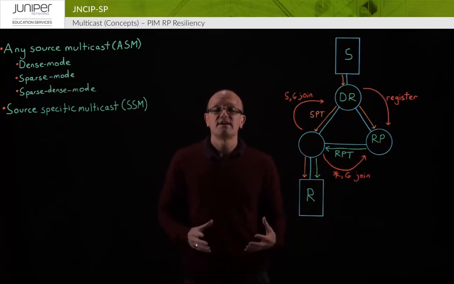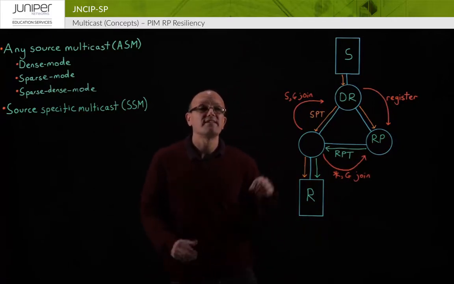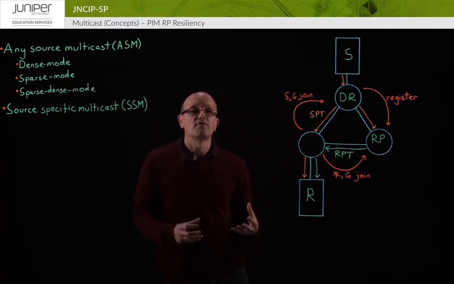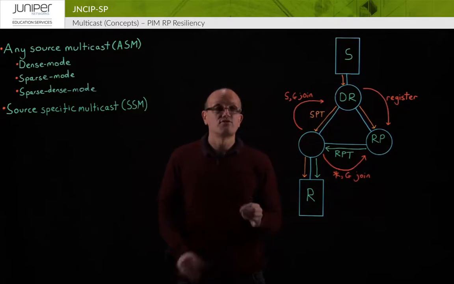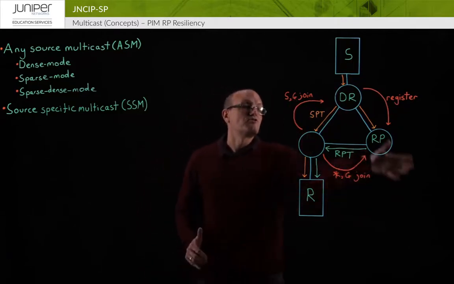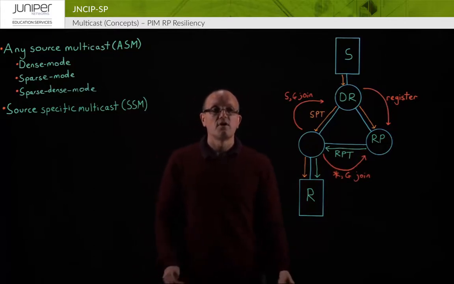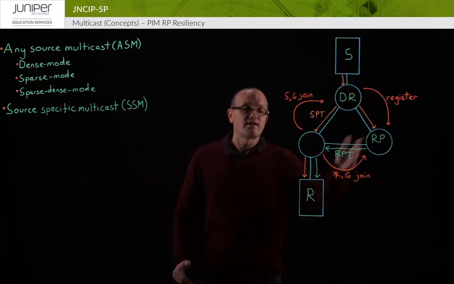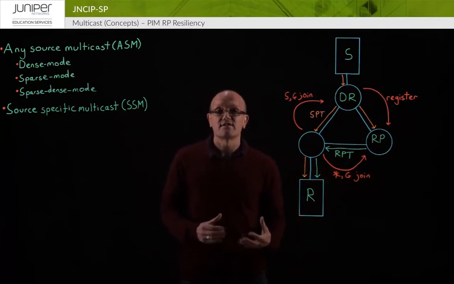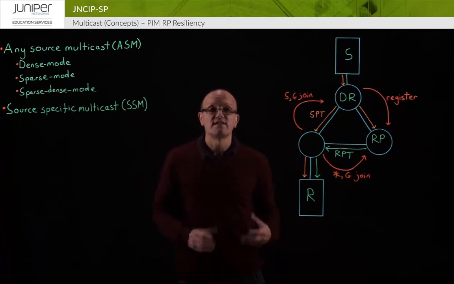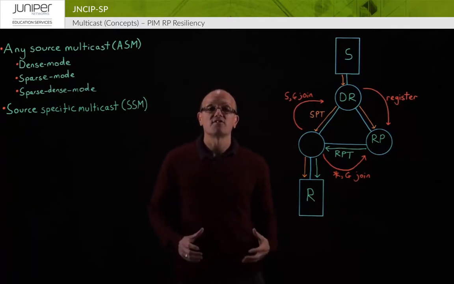And what MSDP is doing is propagating all of the S, G state, the binding of that source IP address to a group address, between all of the rendezvous points. So this way, it doesn't matter which rendezvous point you land on, you're going to get access to the same forwarding state. So that's how you provide resiliency in a PIM sparse mode environment.